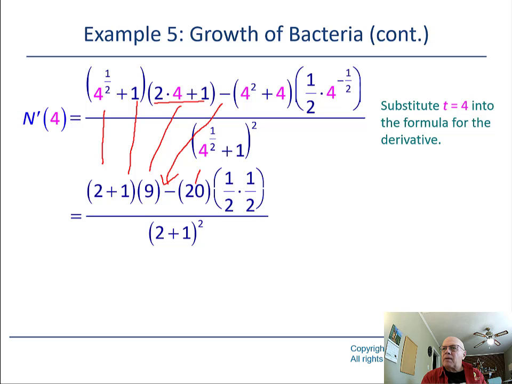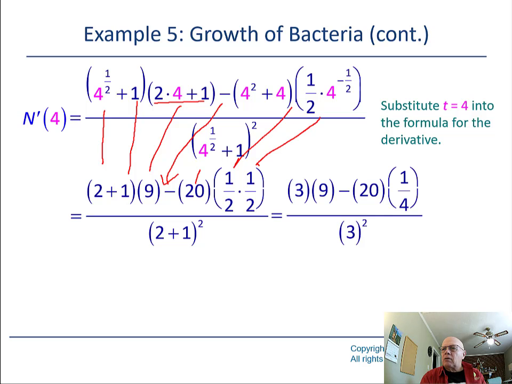That's our 20. Got the 1/2 there, 1/2 here. And we've got 4 to the 1/2 power, the minus. So it'll be 1 over the square root of 4, which is 1 over 2. Put those together. 3 times 9, 20 times 1/4.